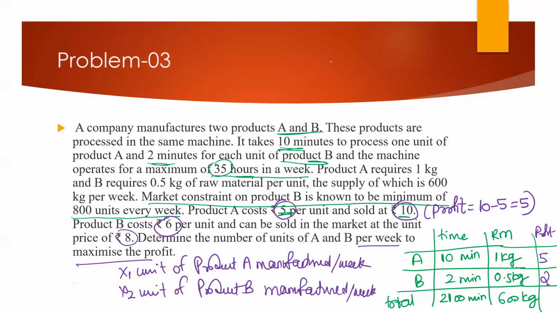Your objective function will be maximum of Z. On 1 unit of A, you're getting 5 rupees profit, so 5x1. On 1 unit of B, you're getting 2 rupees profit, plus 2x2. This would be your objective function.